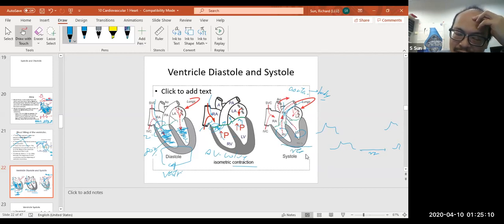During the resting, before ventricle contraction, this one is diastole. Basically blood fills into the ventricle. The ventricle is the major pump to provide blood to the body. So before it contracts, it is diastole. Blood goes in to start to fill.